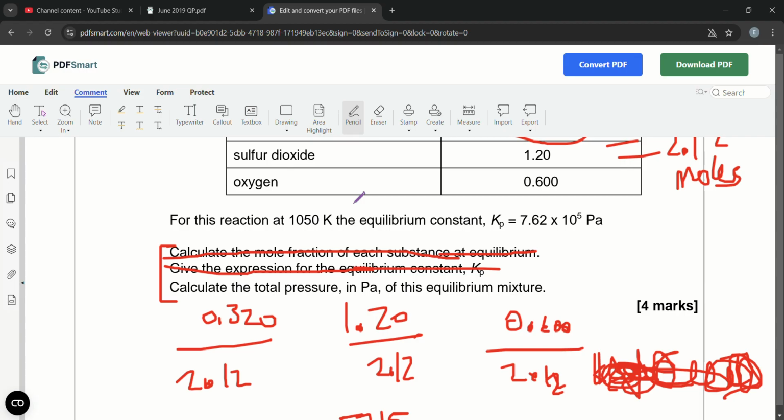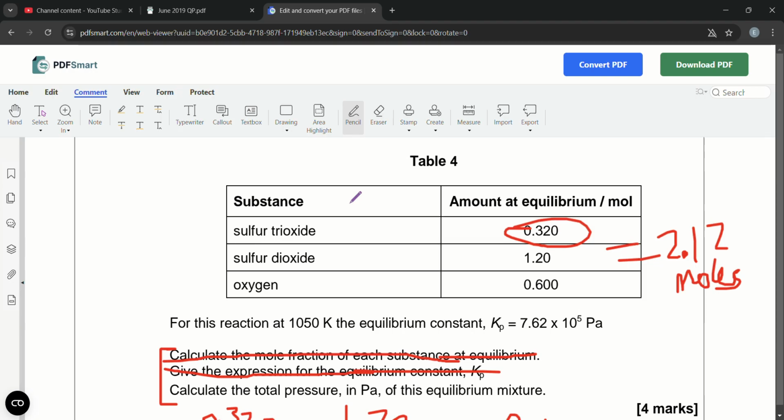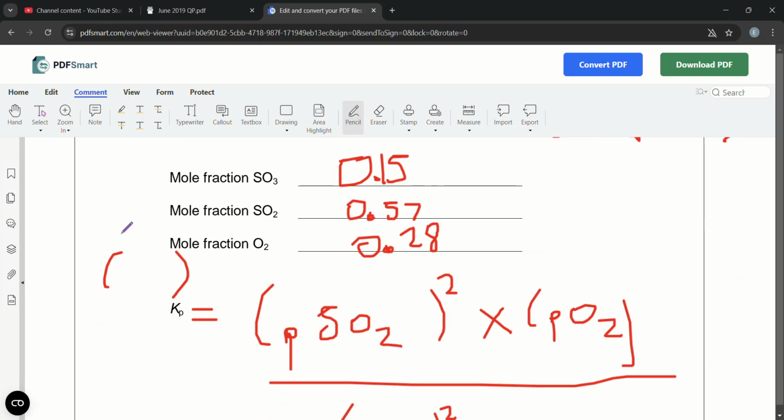Now what can we do here? Well, we know the total pressure. So total pressure is the equilibrium mixture.